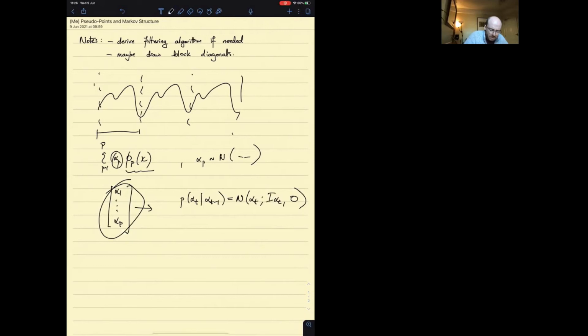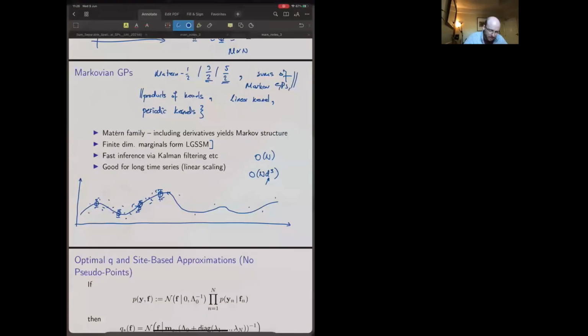I think probably it's just I. Anyway, it's this kind of thing. So the point is, it's like a finite dimensional approximation to the periodic signal. So it's got a slightly different feel to the other kernels.